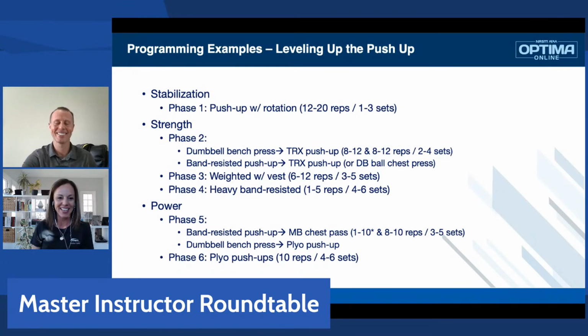Rule number 2, yes. And then phase 3, when we're talking about muscle development, we're talking about your rep ranges anywhere from 6 to 12 reps. You're doing 3 to 5 sets. So now we're increasing the load. This is the perfect time for a weighted vest or even a resisted band.